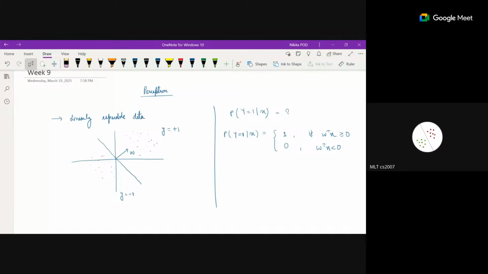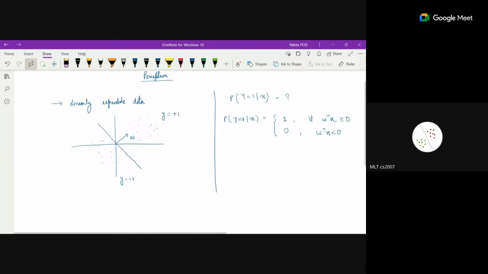We are trying to classify a data set into two classes. Either it goes to class one or it goes to class zero. So in a way, this is a classification problem that we're trying to solve, correct? And W is something that we are trying to learn. This weight is what we are trying to learn.